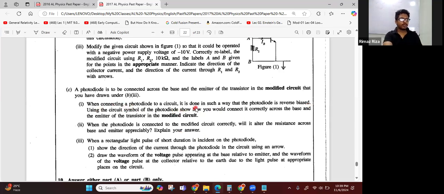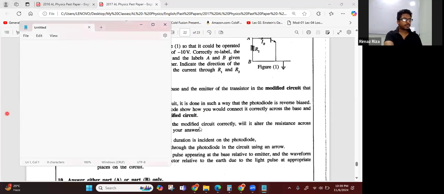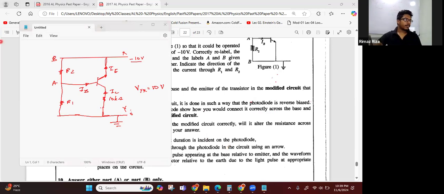When connecting a photodiode to a circuit, it is done in such a way that it should be reverse biased. Using the circuit symbol of the photodiode, show how you would connect it correctly across the base and the emitter of the transistor in the modified circuit. Okay, so we have to use a photodiode.